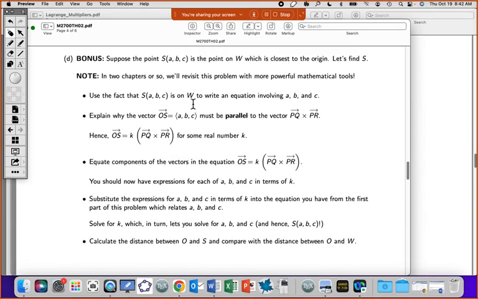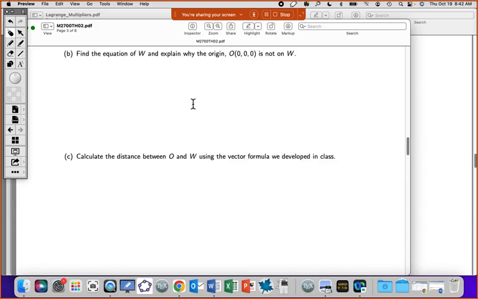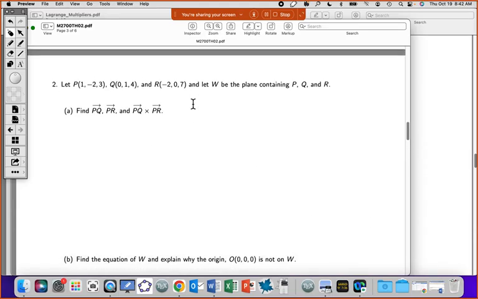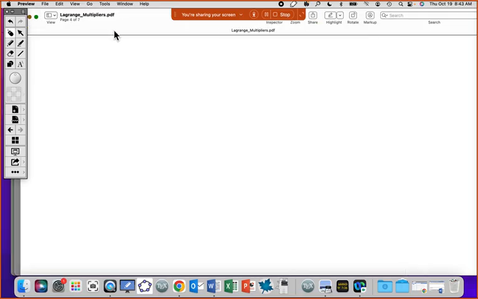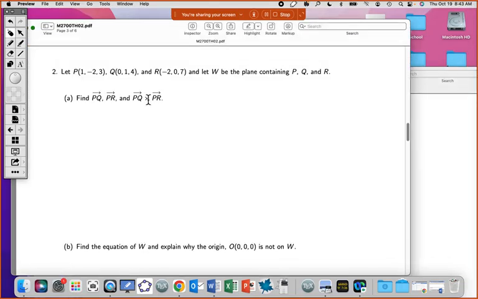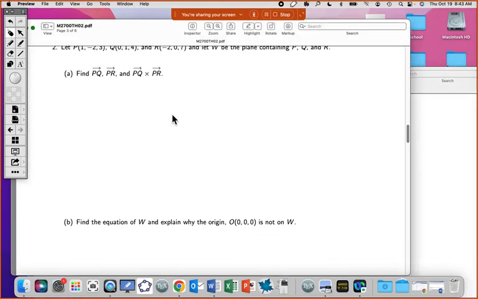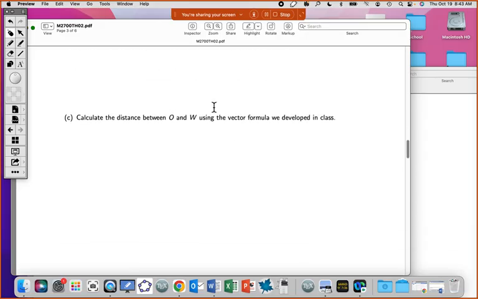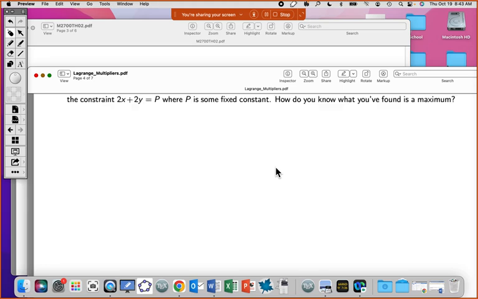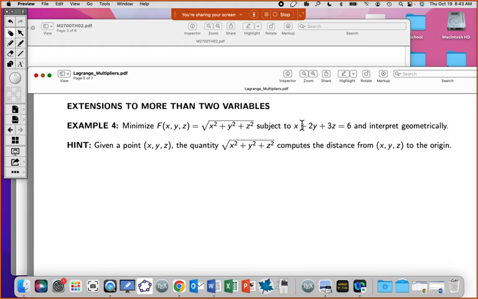So if you want a couple extra points on the next take home, you can go back to take home 2, get the equation of this plane, and then basically repeat this example with that plane.